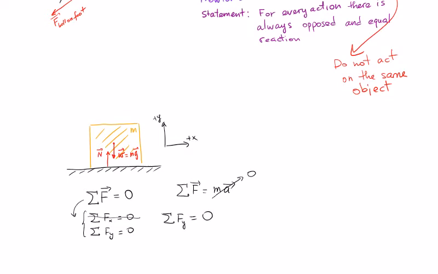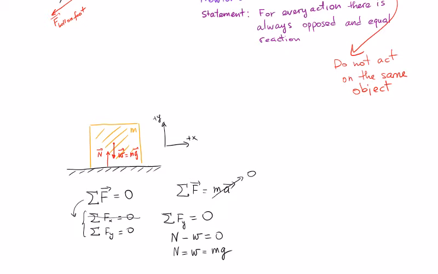I know that normal force is going upward, so it's a positive force. Weight is going downwards, it's negative, and should equal zero. From here, we can say normal force equals weight of the object, or equals mg.